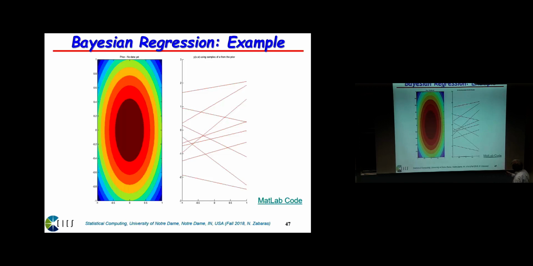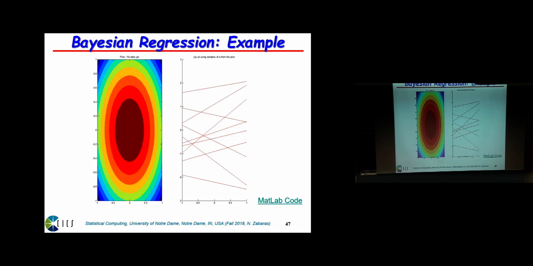What you see here is the regression function using samples of W from the prior. If I don't have any data, what is my regression function? W transpose times phi of x. From where is W coming if I don't have any data? It comes as a sample from the prior. So what you see here are all possible solutions of your regression function.